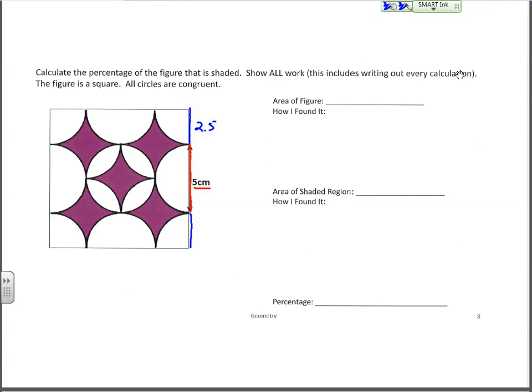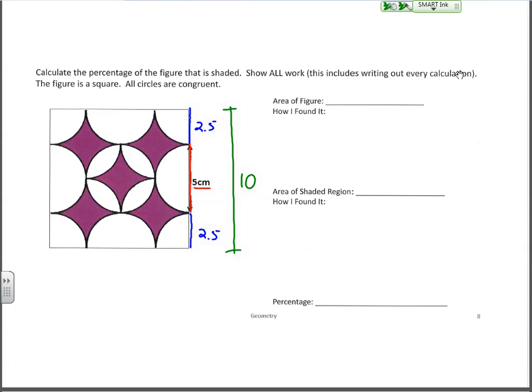This radius here will also be 2.5. So the overall side length of the square is 10, right? And that should help you calculate the total area of the figure. To get the shaded region, though, there are a couple different ways you could look at it.